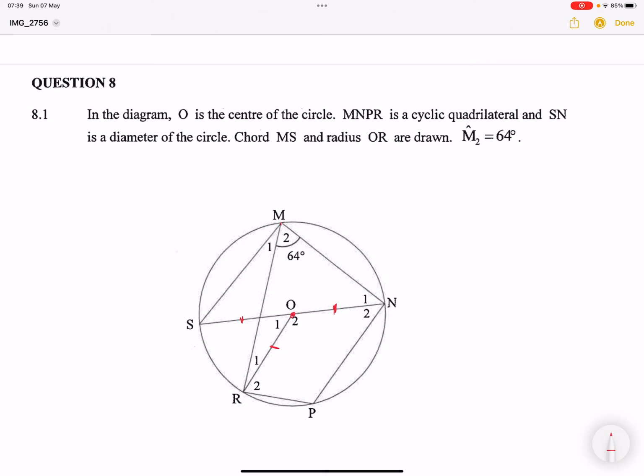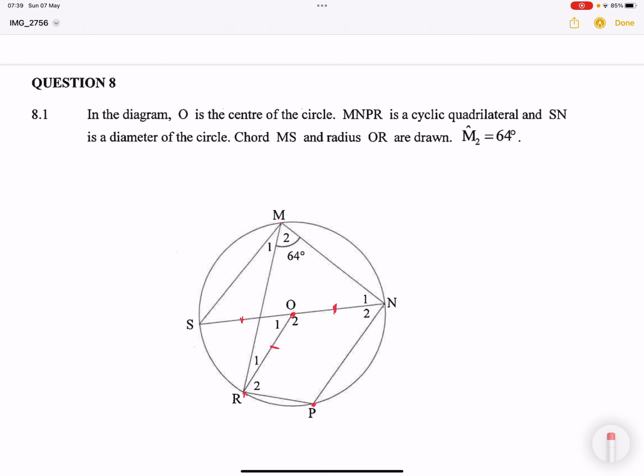Okay, so that's M, N, P, and R. We can see that's a cyclic quad there. Very important, because I'm already seeing an angle there of 64. If I use the opposite angles of a cyclic quad, we know they are supplementary.